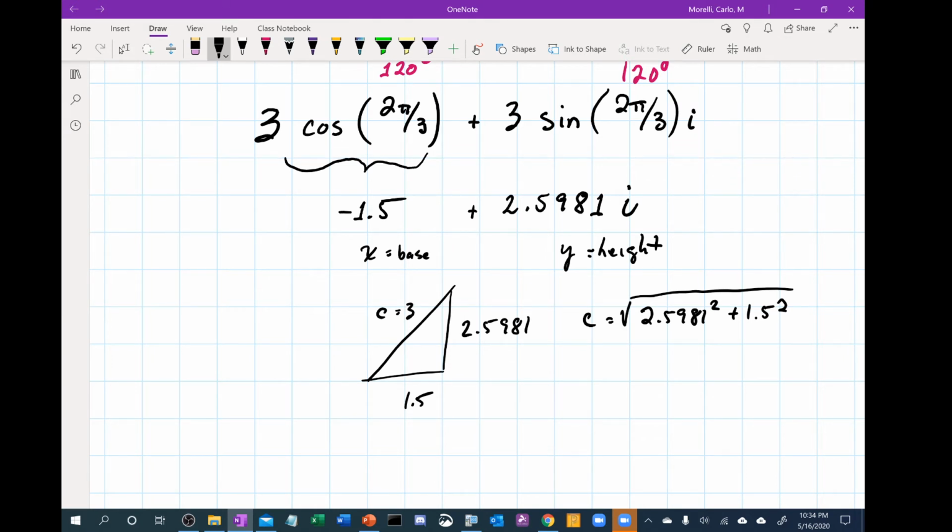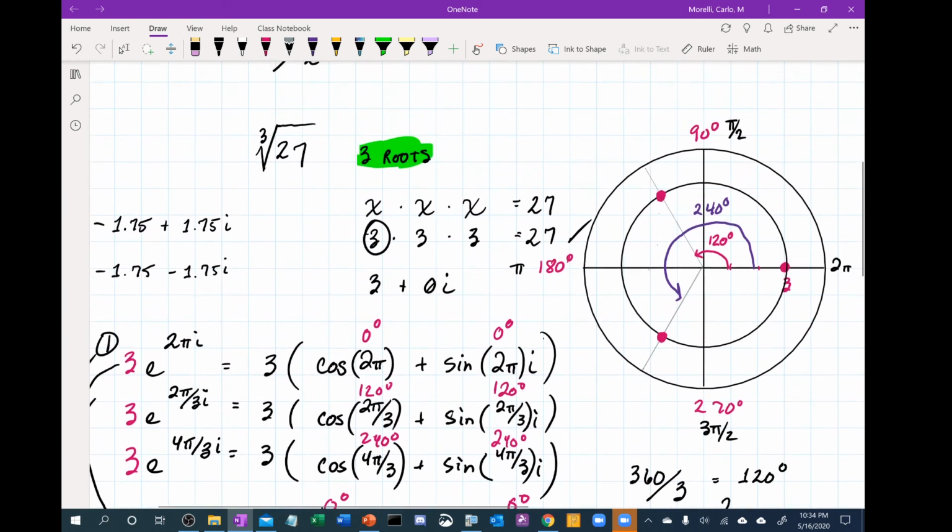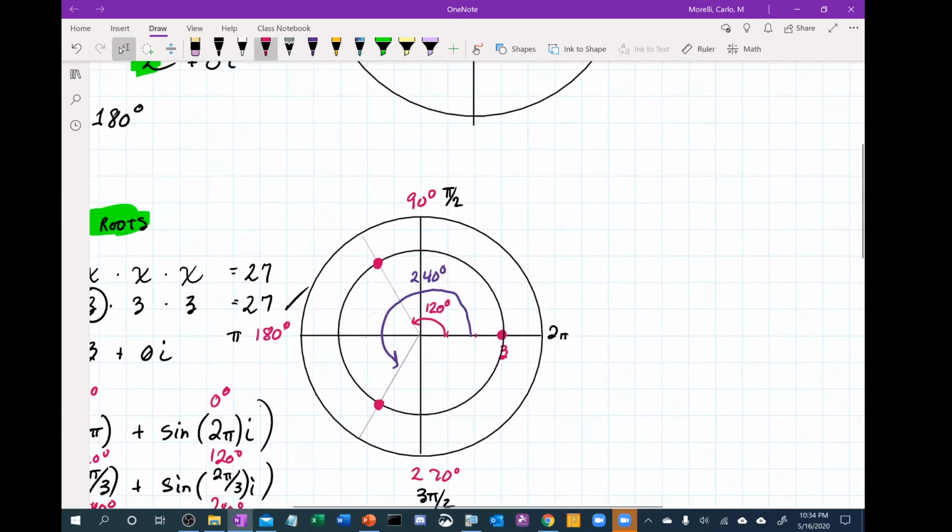I was just checking. I was somewhat concerned that we wouldn't end up with 3. All right, so c equals 3. That's good. Okay, that means that this still works. So my hypothesis there is working out really great, that the magnitude here, the modulus, is 3.